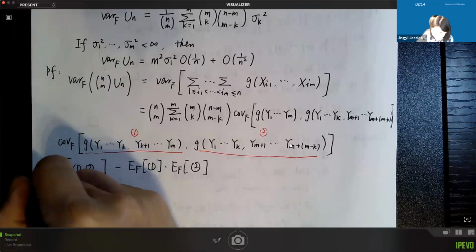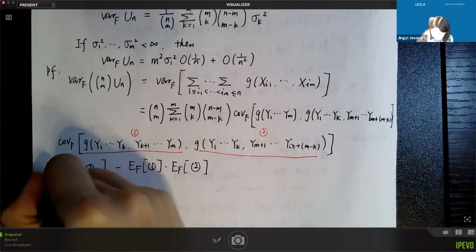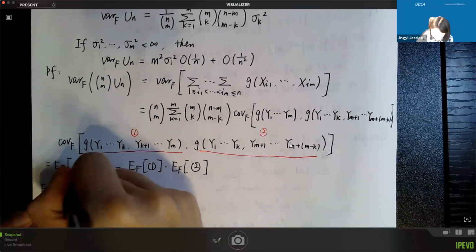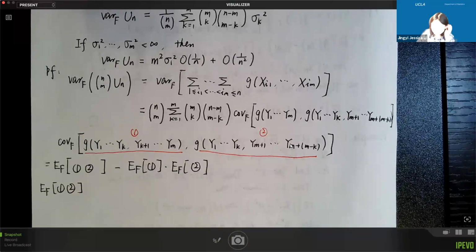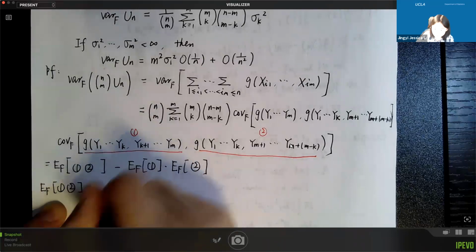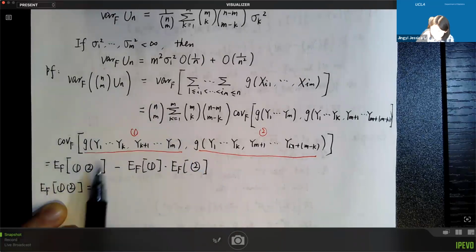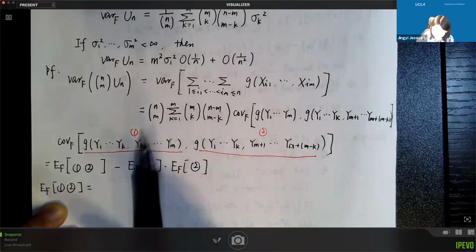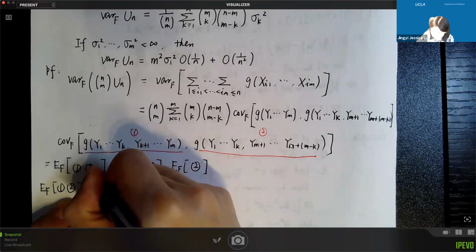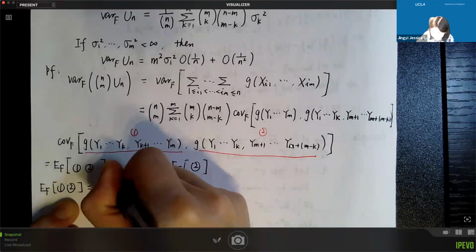So for the expectation of the product, let's look at the definition of expectation. We're going to use the Tower rule, since they share y1 to yk. So I can write it as 2 layers of expectation.